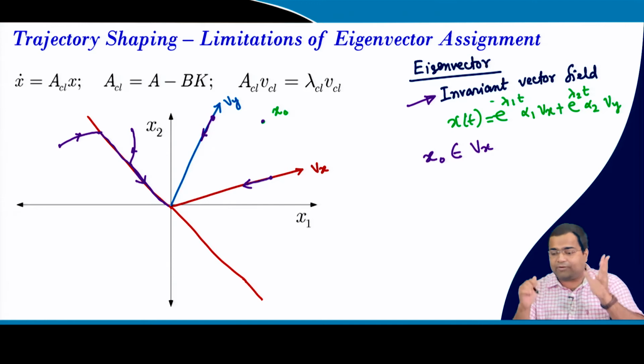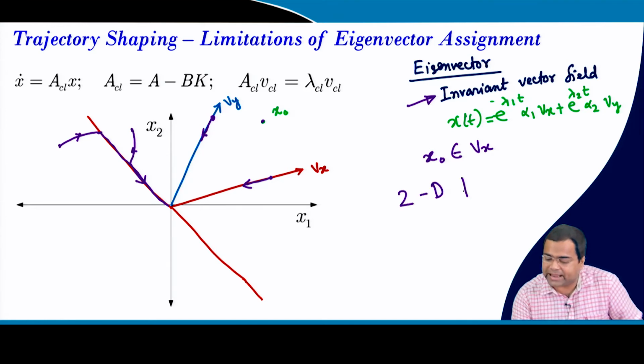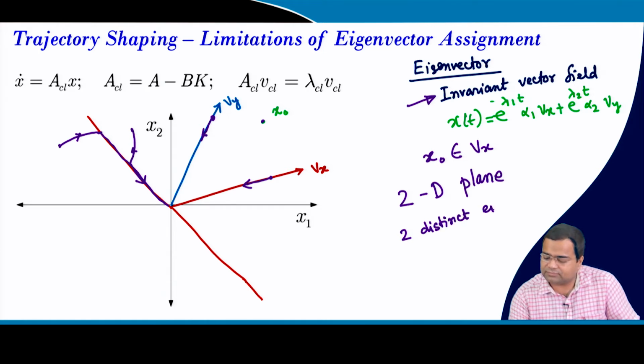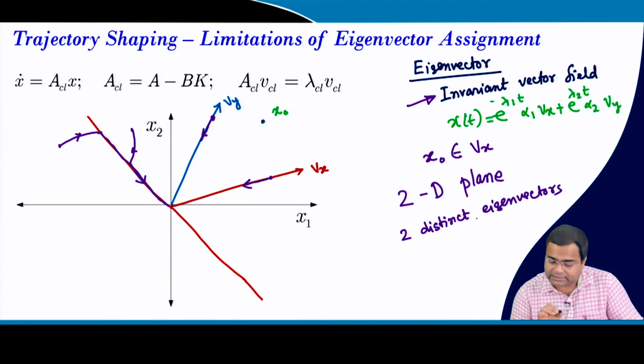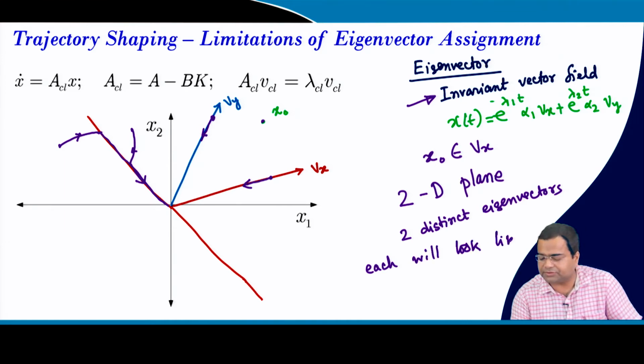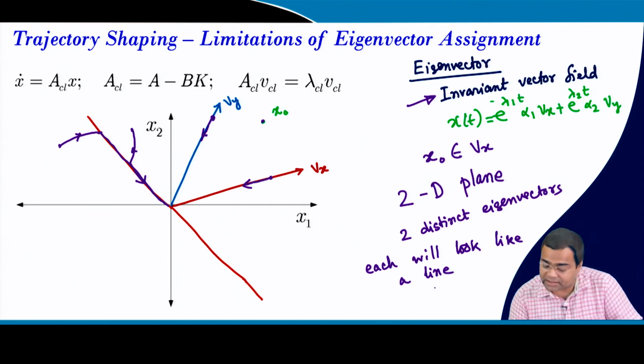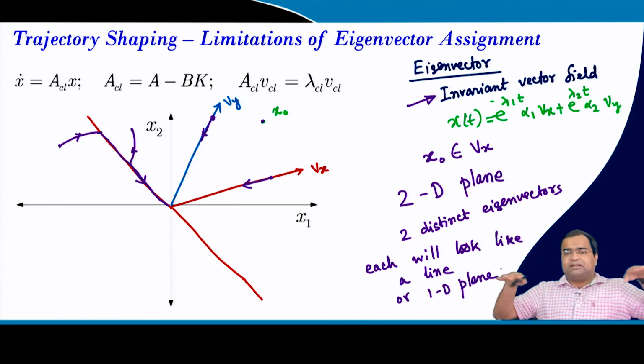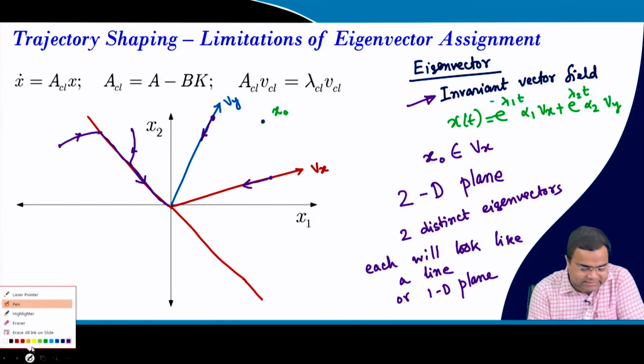That means if you have a two-dimensional plane and two distinct real eigenvectors, each eigenvector will look like a line, or in other words a one dimensional space.